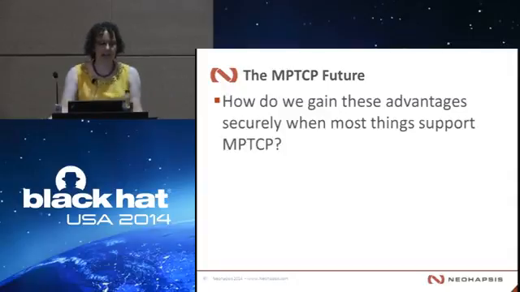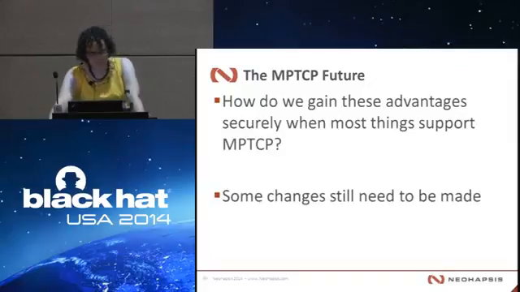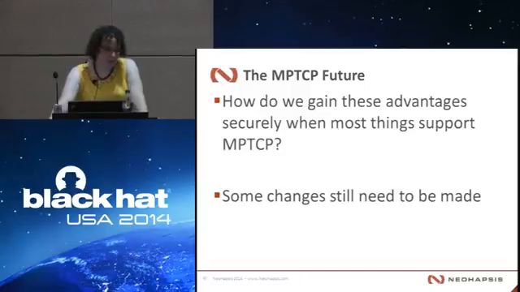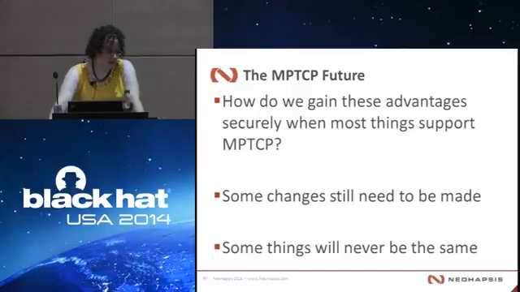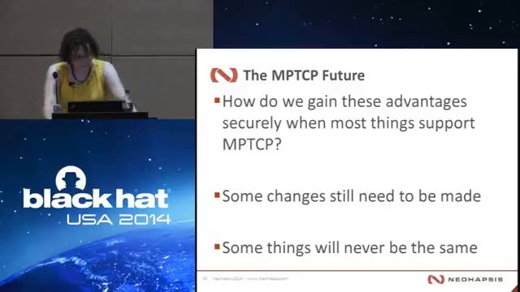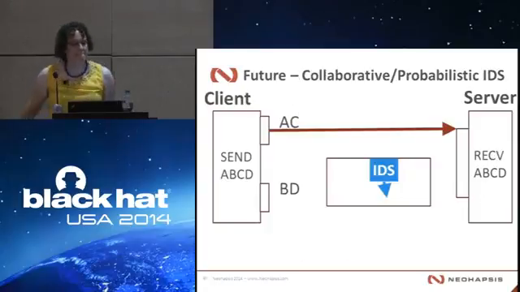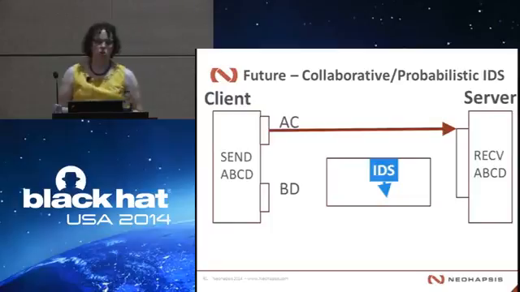Okay, how do we gain these advantages of mobility and of link aggregation securely when everything's supporting this? Well, some of it we can adapt, we can write it into tools. And some things you can't. Because things like physics get in the way, and that's somewhat difficult to circumvent. Say you've got an IDS on one path.